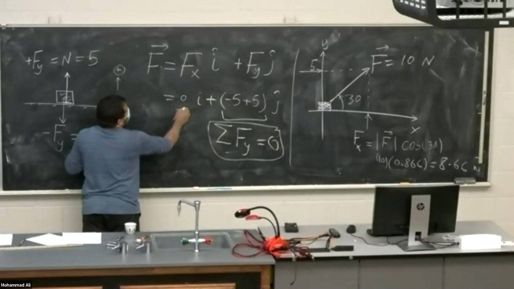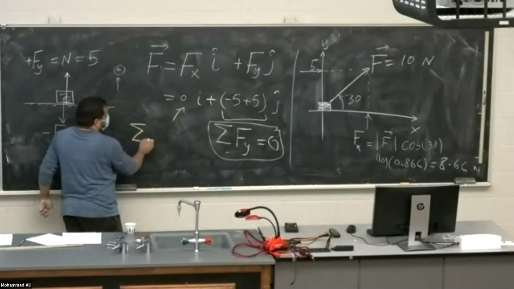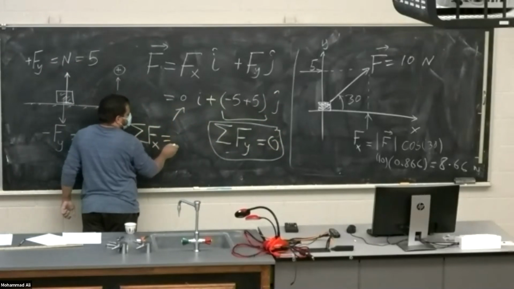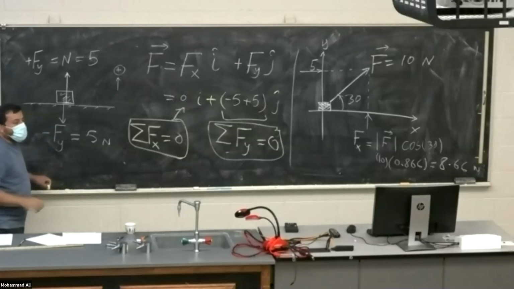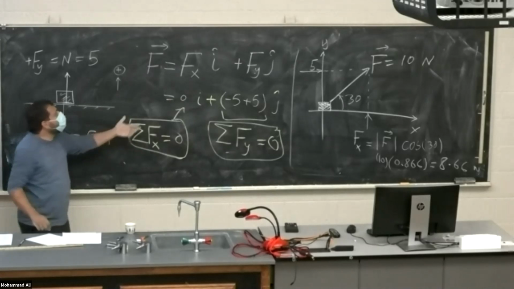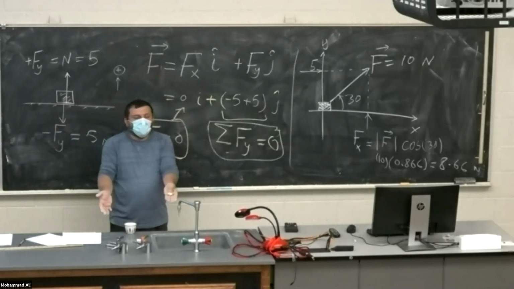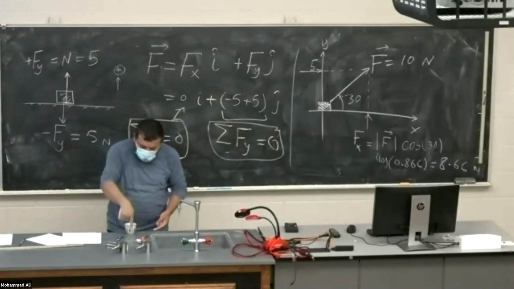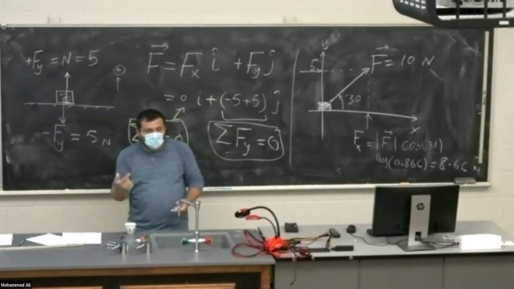Also here, even if I don't have any forces in X direction, I have the summation of X direction forces. It is equal to 0. If my forces in X direction and Y direction are 0, then the total force is 0. Even if there is a mass or a weight downward and the reaction, normal force upward.